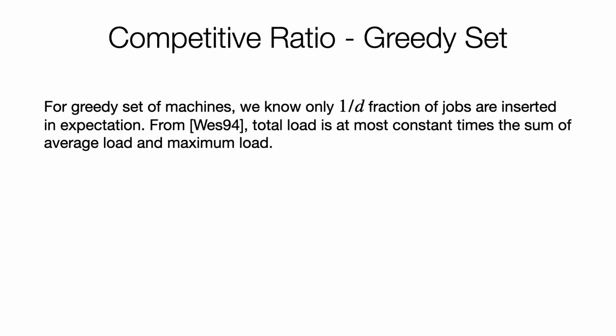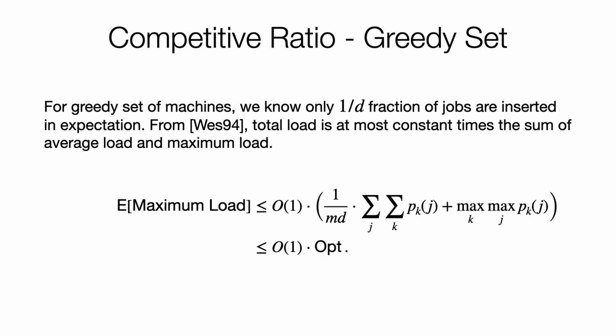In the greedy set, we prove that only 1 by d fraction of all the jobs are inserted in expectation. So from Westbrook 94, we know that the total load is a constant times the sum of the average load and the maximum load, and this also is going to be only a constant times the optimal makespan.